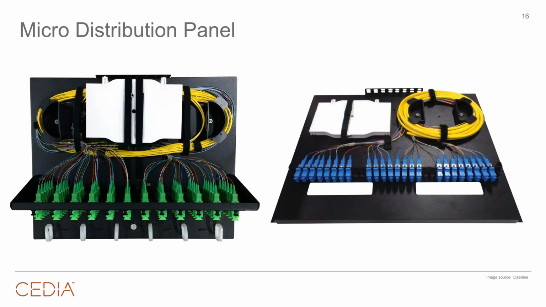What we need to do then with those micro distribution cables is go into a breakout panel. The breakout panel is where we have all of our individual connectors. We take all of our different fiber legs, and we can then patch that to our individual points. Typically what we'll see with these micro distribution cables, that's what we're trunking between different buildings.